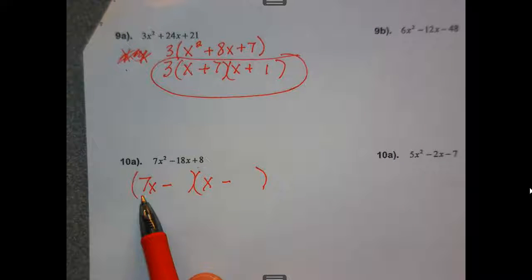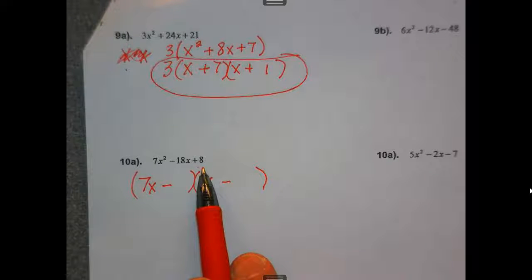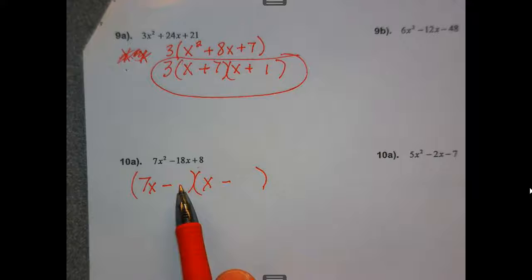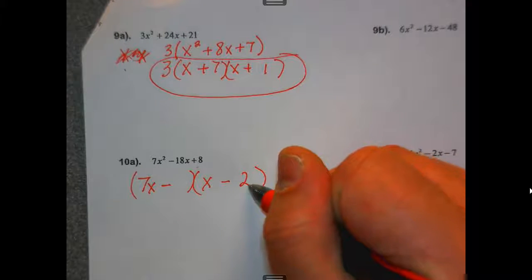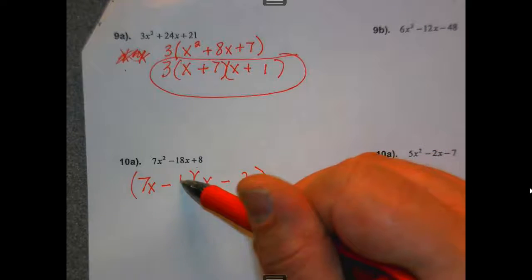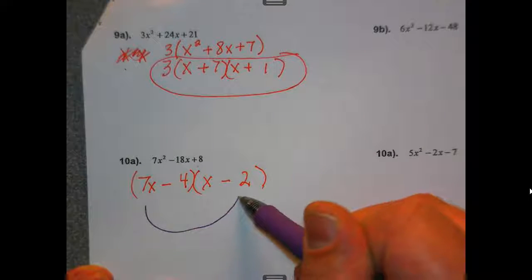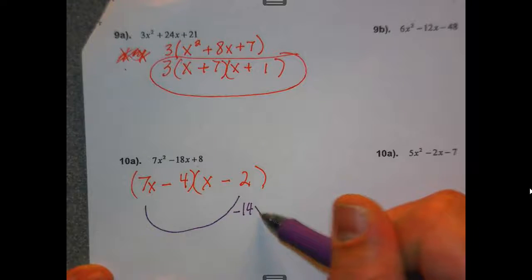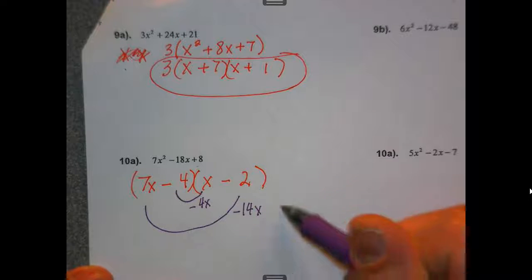One of them has to be multiplied by 7. 2 and 3. No, how about 2 and 4? 4 times 7 is 28. That's not going to work. How about 2 times 7 is 14, and then the 4, right? So we get 14 plus 4 is 18. There you go. Got it? Outside is negative 14x. Inside is negative 4x. Add those together, you get your negative 18x.